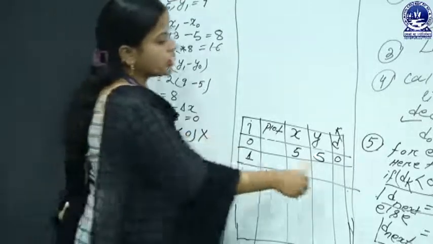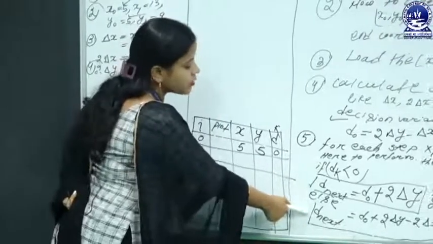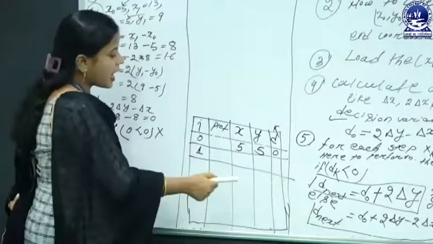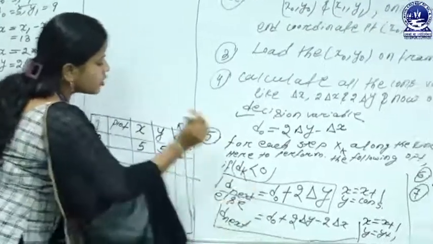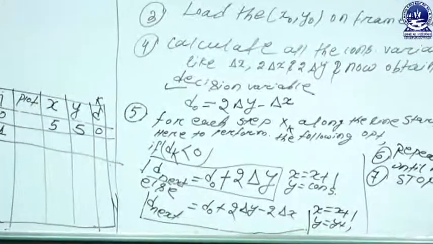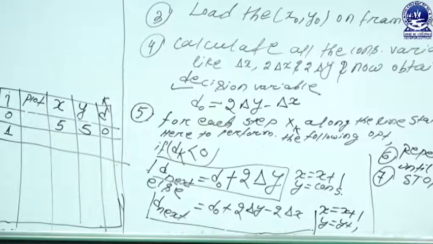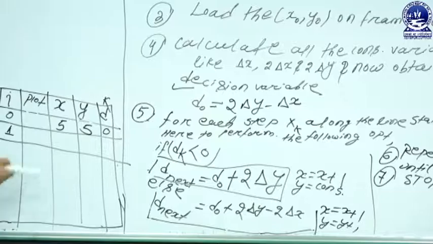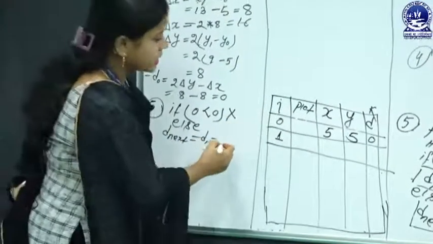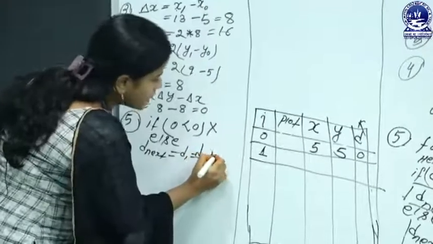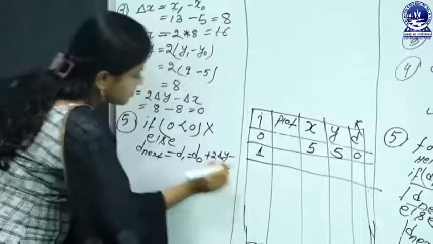As we know, whenever the if condition is false, it directly goes to the next block, that's your else block. So as the else block is satisfied, the next decision variable is found by using the formula d next, that means d1, equal to d0 plus 2 delta y minus 2 delta x.